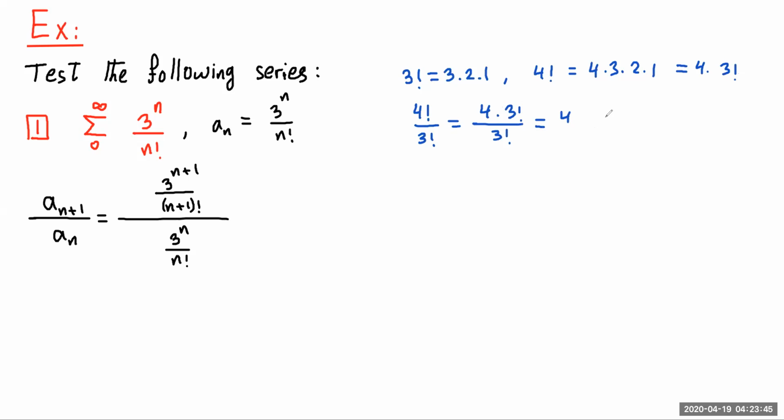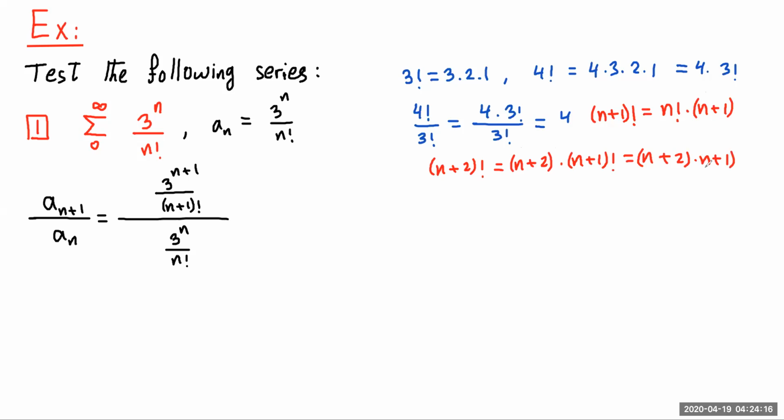So let's write some rules like this. n plus 1 factorial equals n factorial times n plus 1. And also n plus 2 factorial could be written as n plus 2 times n plus 1 factorial, and also as n plus 2 times n plus 1 times n factorial.